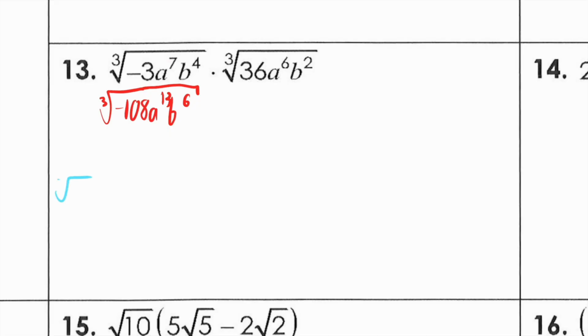Cube root of negative 108, cube root of a to the 13th, and the cube root of b to the 6th. Cube root of negative 108 is the cube root of negative 27 times the cube root of 4, which ends up being negative 3 times the cube root of 4.